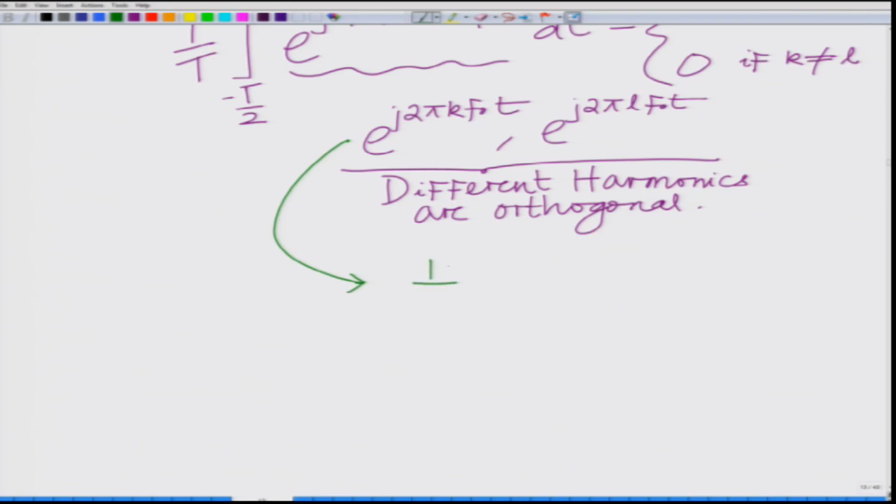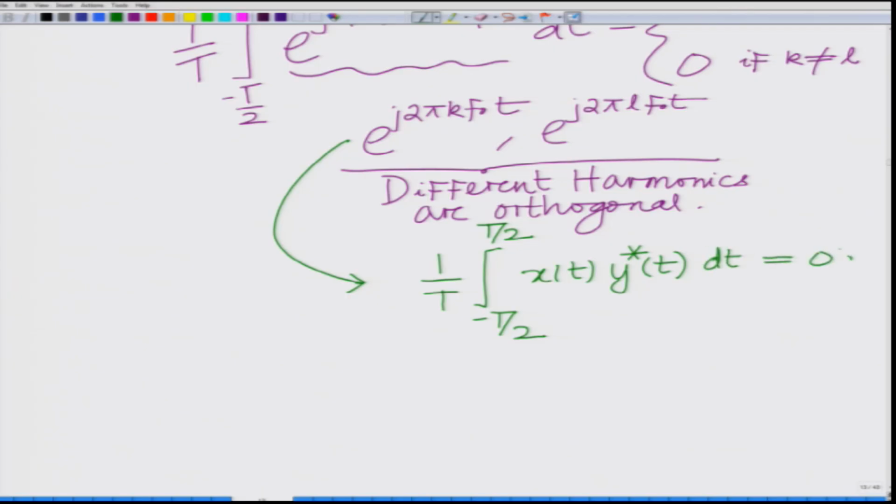We say x(t) and y(t) are orthogonal if this dot product, or inner product, (1/T) ∫ from −T/2 to T/2 of x(t) times y conjugate(t) dt, is equal to 0.